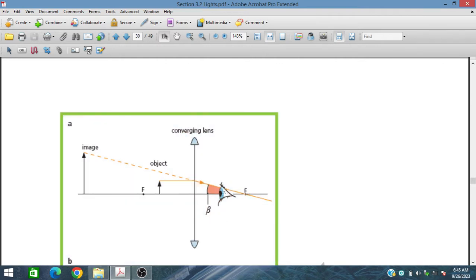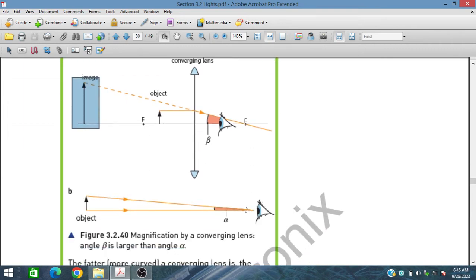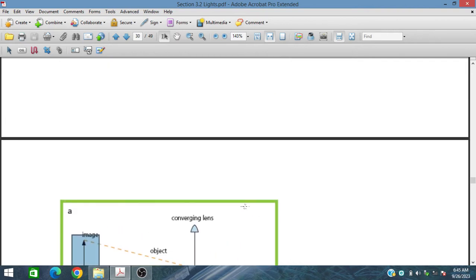The object is between the optical center and the focal length, so within the focal length the object is placed and it gives a larger image. This is the virtual image.